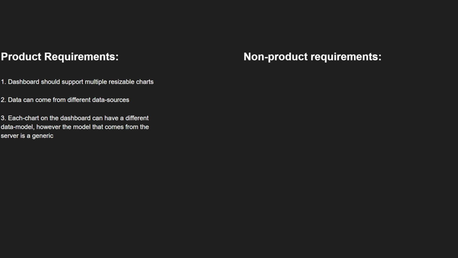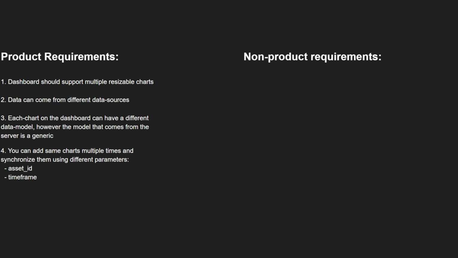Another thing, if we think about extensibility of our application, is that each chart technically can have a different data model. For instance, a table may have its own data model, or the pie chart or bar chart, and so on. However, the model that comes from the server is always generic. This means that each chart will know how to transform this data to display it.